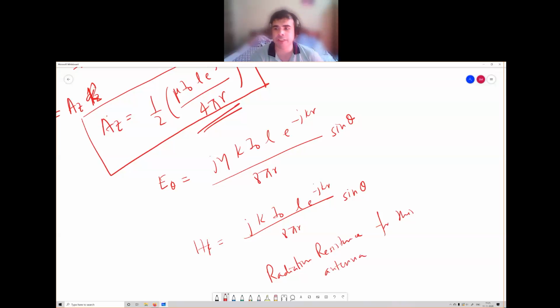What will be the directivity of this antenna? Can anyone tell me? The small dipole.